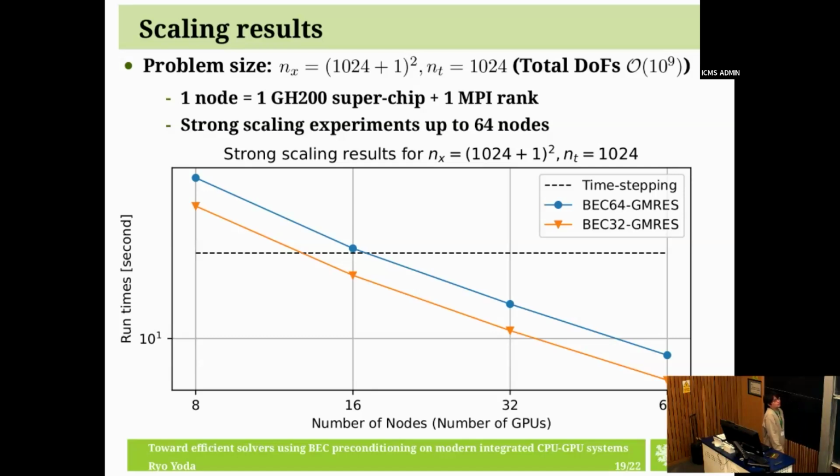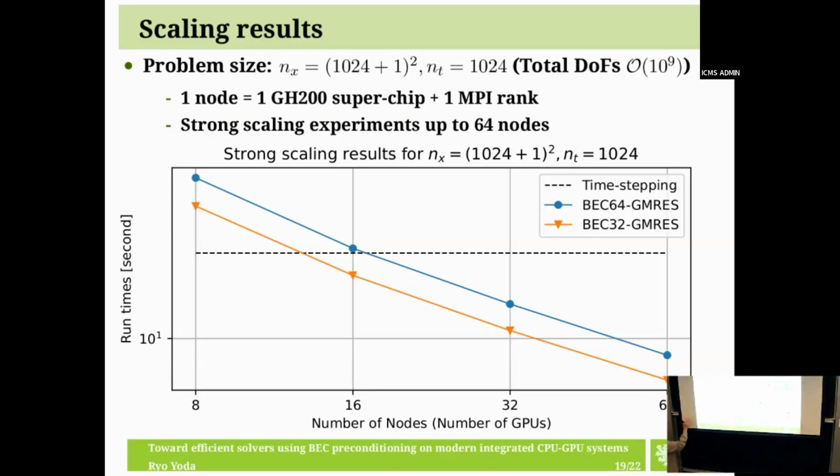This figure starts from eight nodes because with fewer nodes we have memory limitations for this problem size. So this figure goes from eight nodes to 64 nodes. Firstly, the black dotted line corresponds to the spatial GPU parallelized time stepping method.